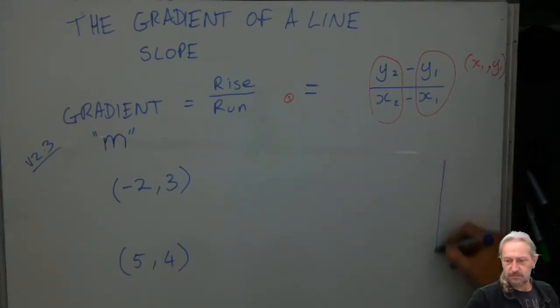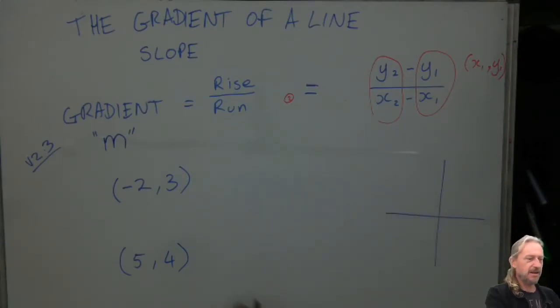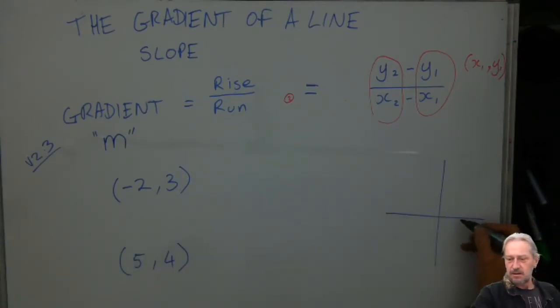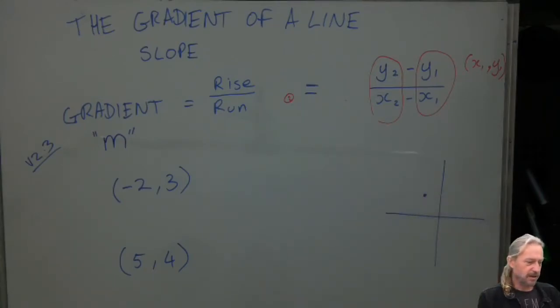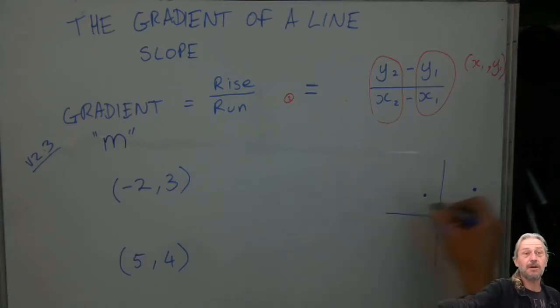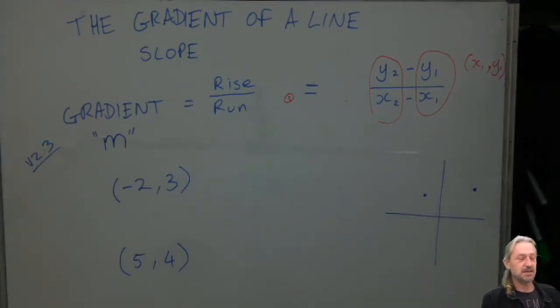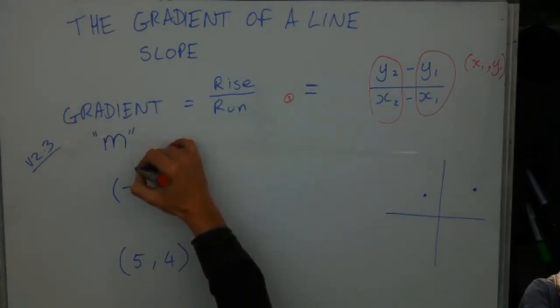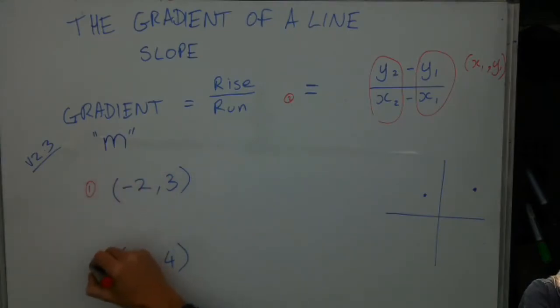So, just so we've got some idea, -2, 3, so that's probably somewhere like that, and 5, 4 is probably somewhere like that. So think of those as our 2 points that is going to join some line that's got some particular slope. So now, just so you don't get confused, let's call this point 1 and that point 2.